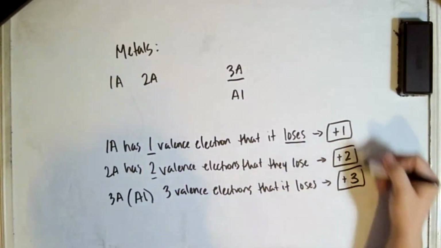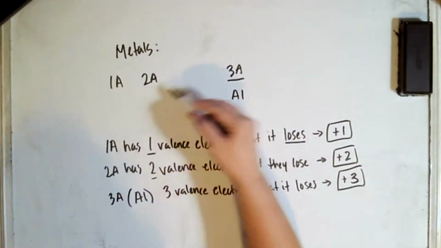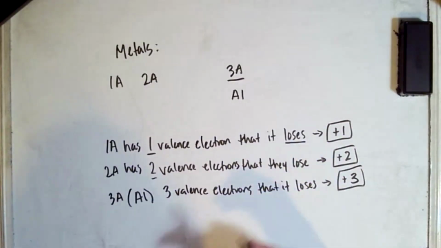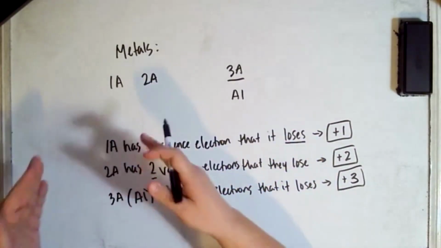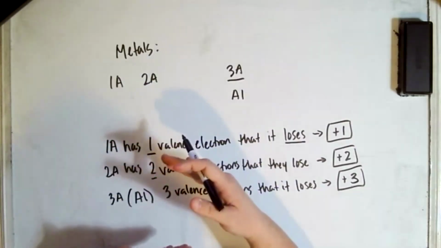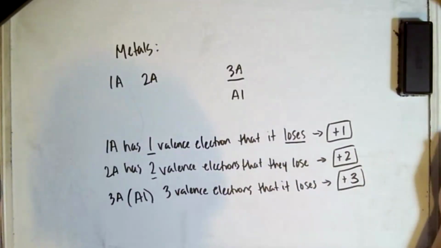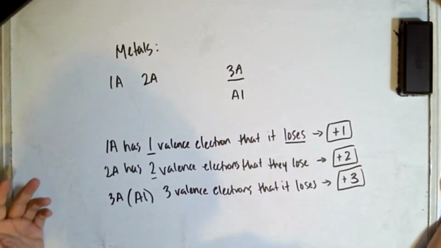So your metals always end up with positive charges, and their positive charges are the same number as their group number. With your nonmetals, they always have a negative charge. And to figure out their charges, you could take their group number and subtract 8 from it, and it will tell you what the charge is. Okay. It's important to know what the charges are, especially when we're making up our ionic compounds.